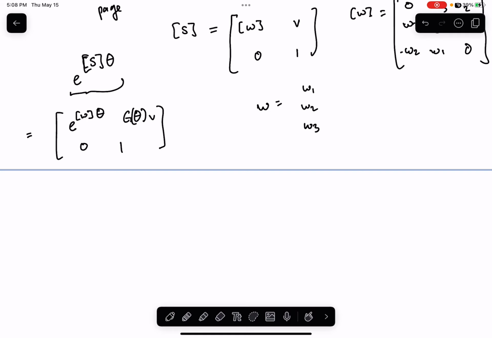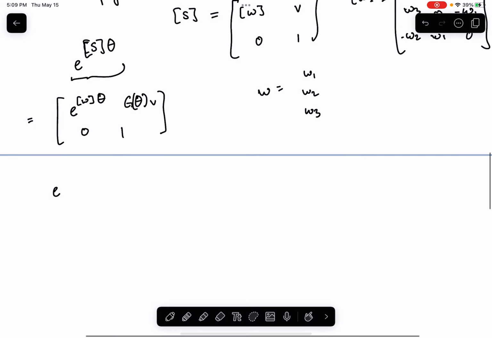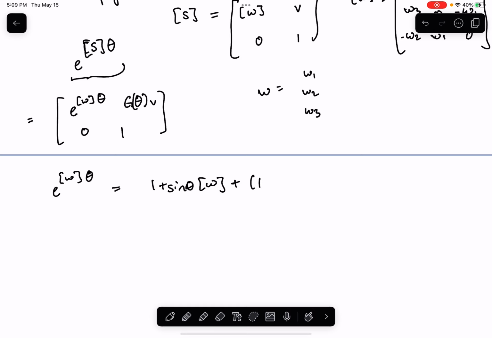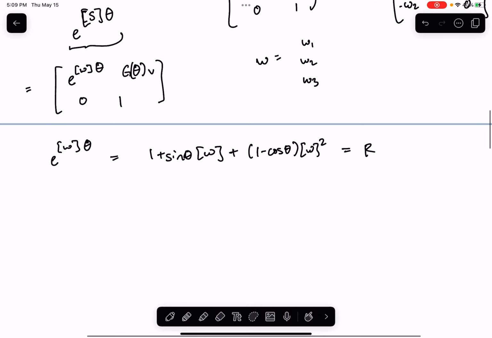Now, by the Rodrigues formula, this term evaluates out to I plus sine theta skew of omega plus 1 minus cosine theta skew of omega squared, which is essentially just our rotation matrix.